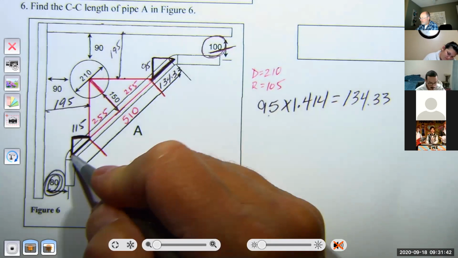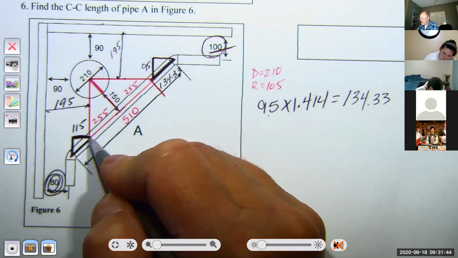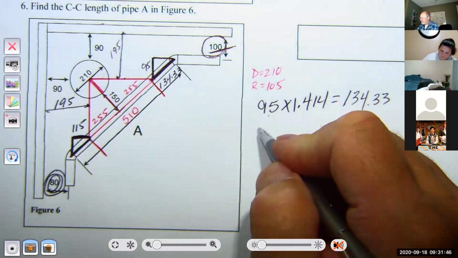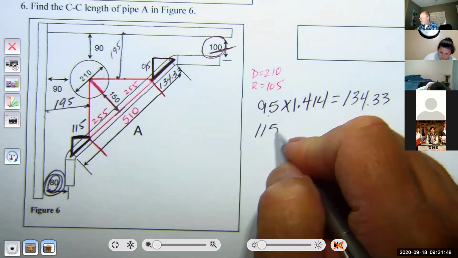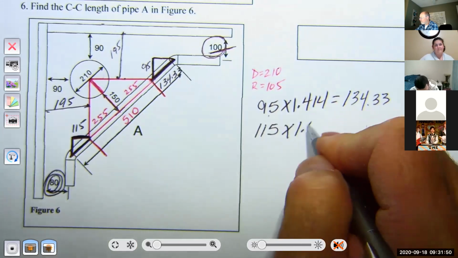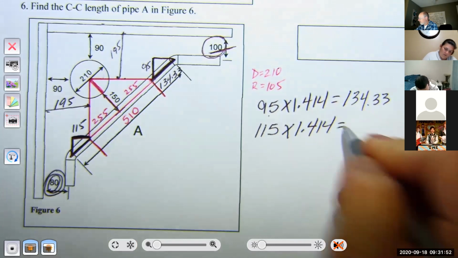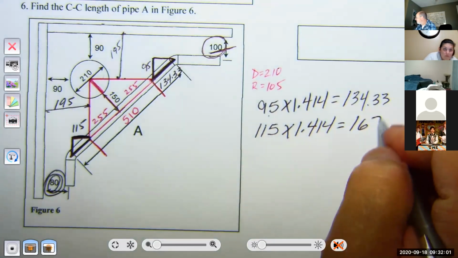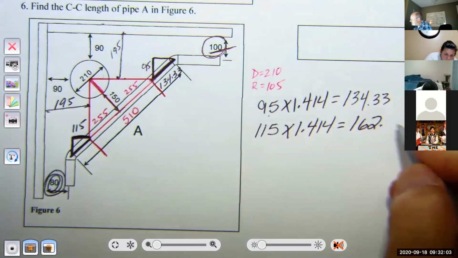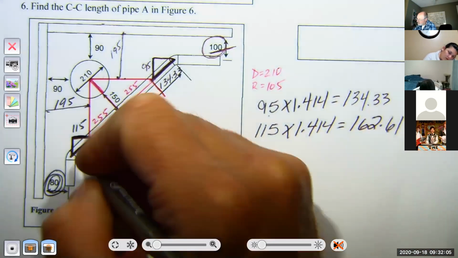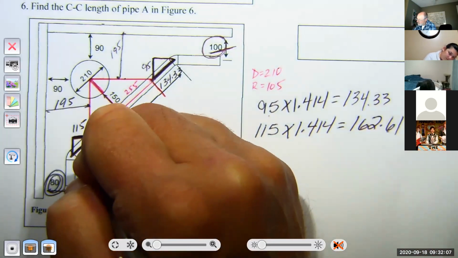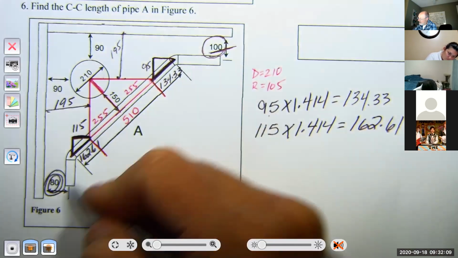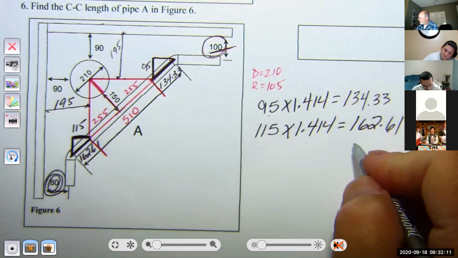Now I can calculate the travel by saying 115 multiplied by 1.414, which is 162.61. Now I add all those together.